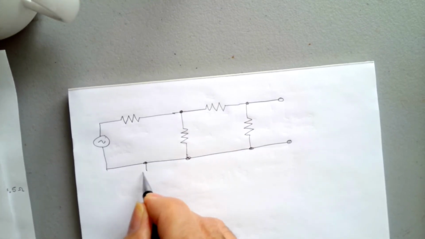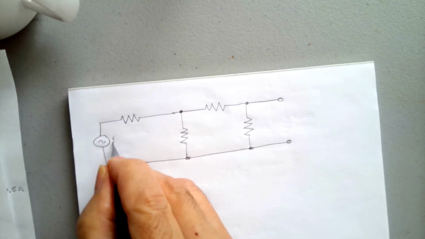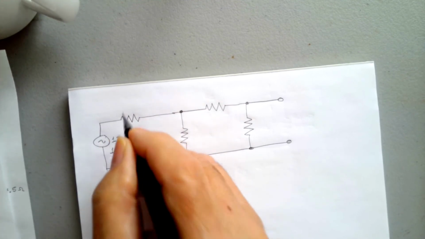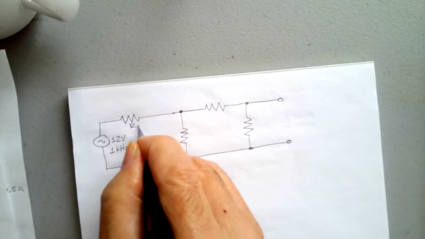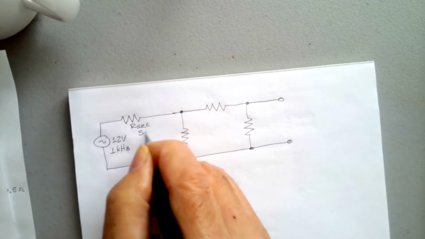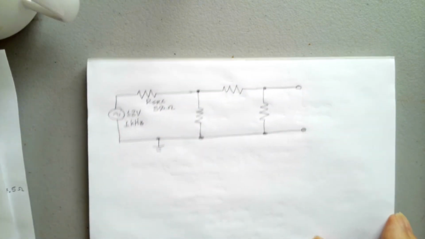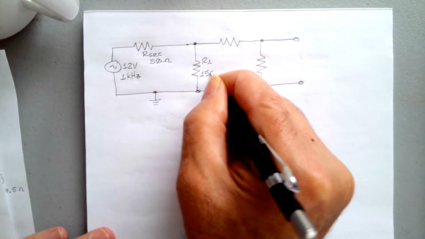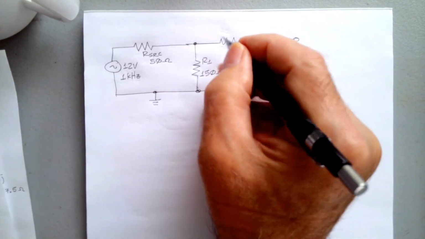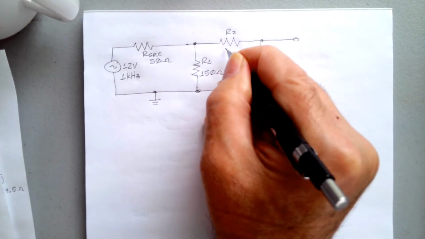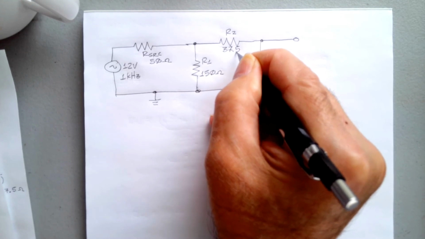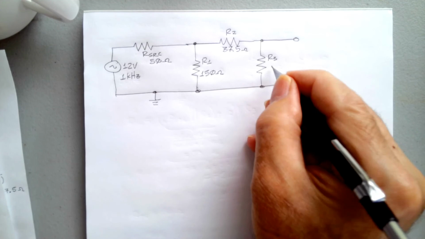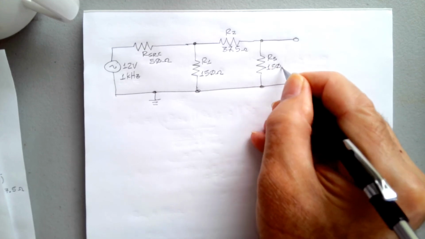We'll put a ground here just for the heck of it. This is 12 volts at 1 kilohertz. This is our source, it is 50 ohms. R1 is 150 ohms, R2 is 37.5 ohms, and R3 is 150 ohms.